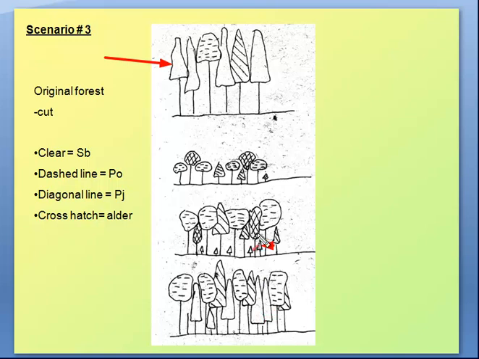So the stand here is quite different than the stand that was originally harvested up here. This gives you an idea of how things can change over time.